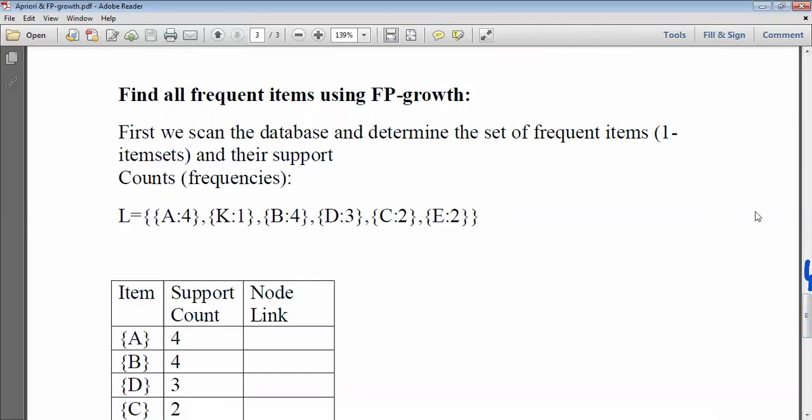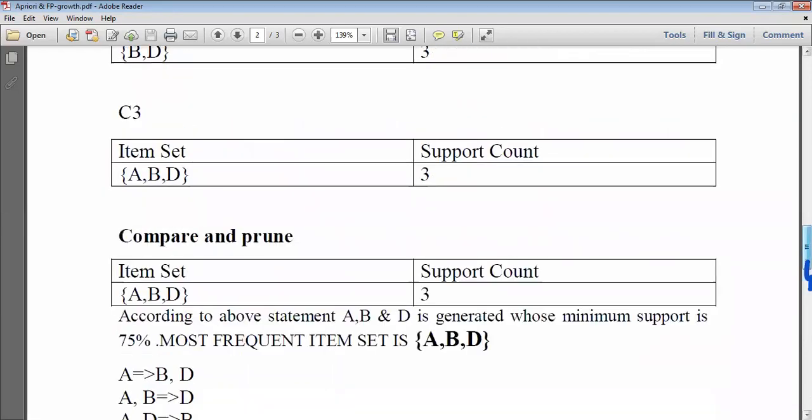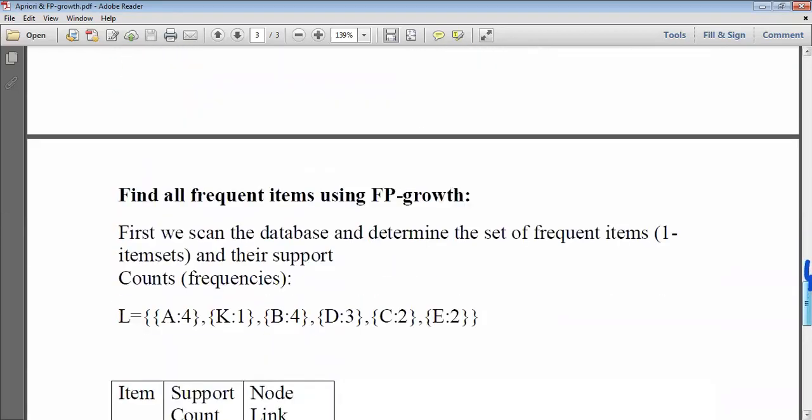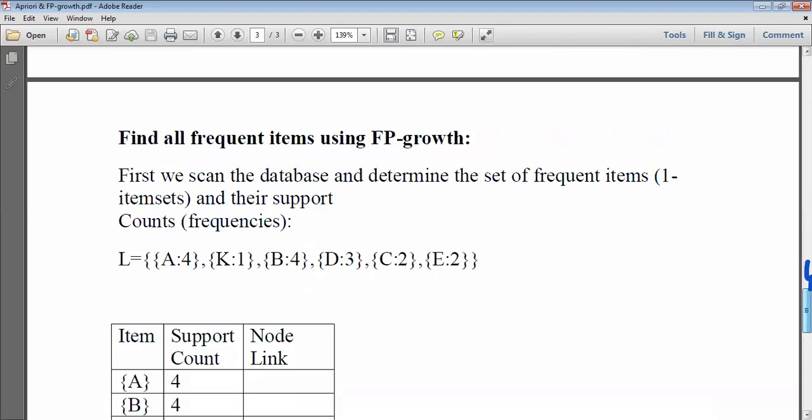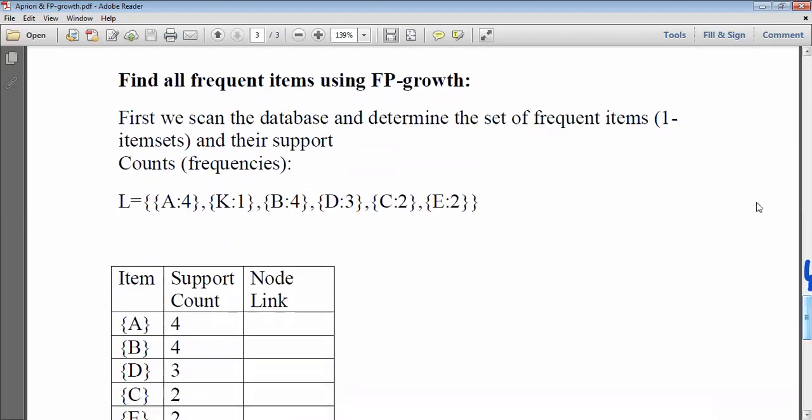So in the FP growth algorithm, first you have to scan the database and write the frequent one item sets and the supports. A, how many times? You get 4 times. K is 1 time. B is 4 times. D is 3 times. C is purchased 2 times. E is purchased 2 times.